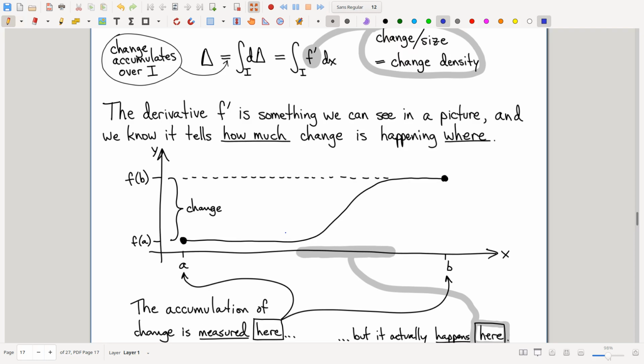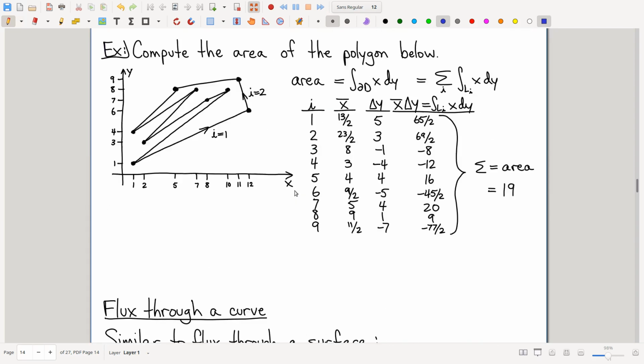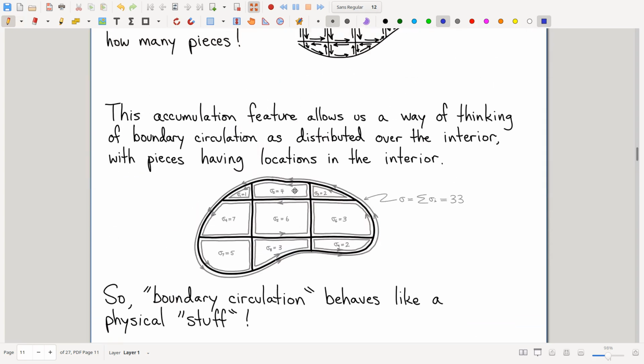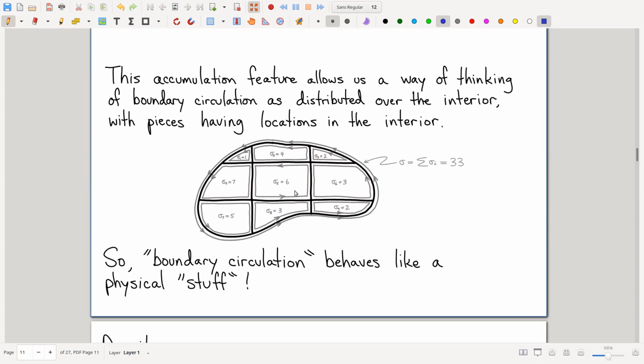So, reminder, when you have an accumulating quantity, I pushed this idea last time that you might measure it on the boundary, but it actually happens in the interior. Now, I'm going to scroll way back to where we were last time. Yeah, so this picture here. And this was a tough idea to choke down.